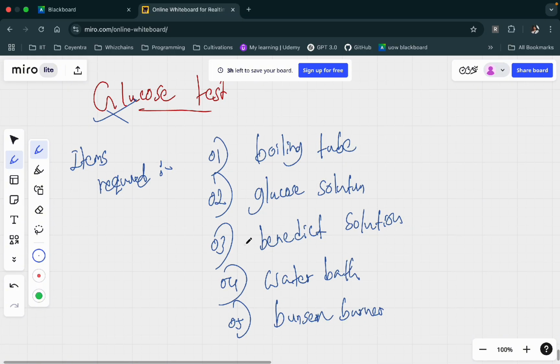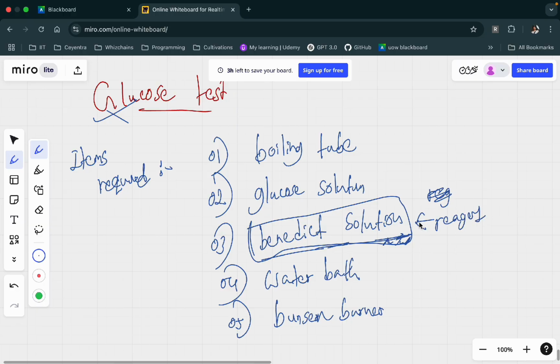So what is this Benedict solution? You have already heard about it, you have learned about it, no? What's this Benedict solution? It's the reagent that we use to test for reducing sugars.